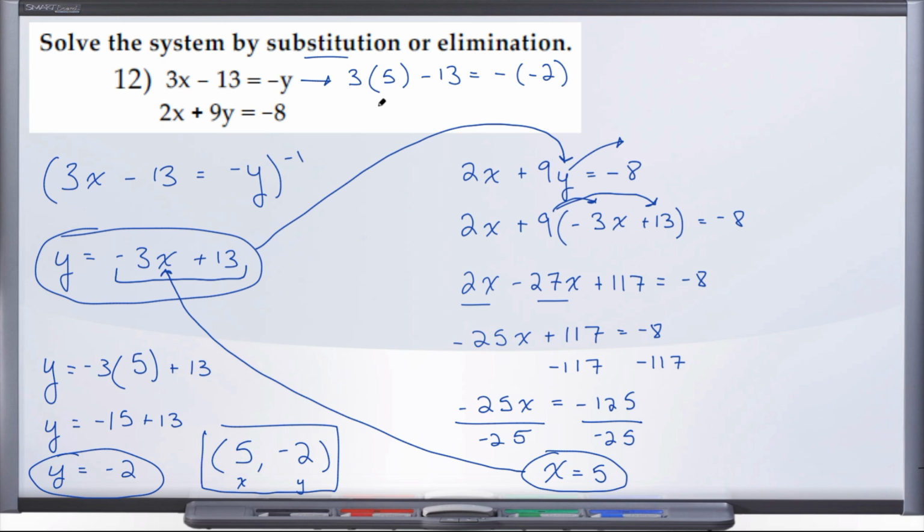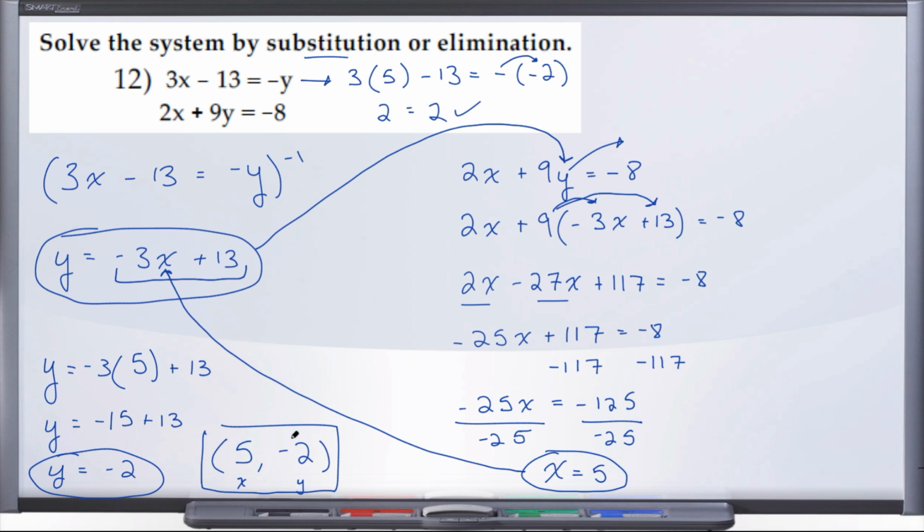So 15 minus 13 is positive 2 equals, and then when we distribute this negative through, we get positive 2. So does 2 equal 2? Well, yeah, that's a true statement. So we know that the solution works for our first equation. And if we check it with the second equation, you'll also see that it works. And if the solution works for both of your equations, then it is a solution to the system.